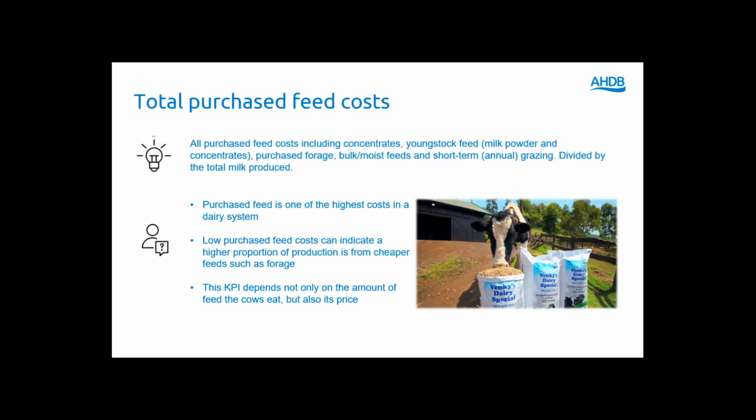That might be from homegrown forage. It might be from whole crop, for example, if you're doing that. But what this KPI looks at is a cost. So cost means quantity times price. It's both those things. So it's not just about the amount that's being fed, it's also about the price being paid for that feed as well.